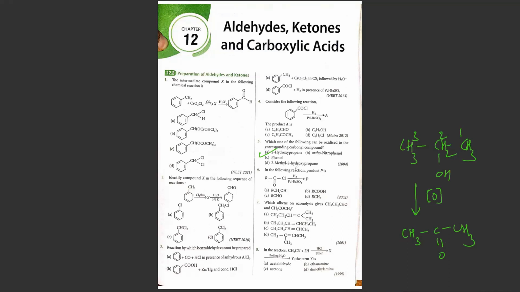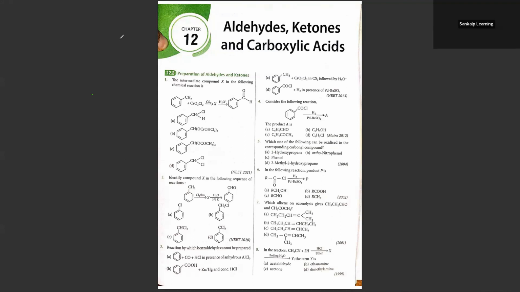Orthonitrophenol, no. Phenol, no. 2-methyl 2-hydroxypropane, no. Here it is converted into a ketone. Correspondingly, primary alcohols on oxidation will give aldehyde, and secondary alcohols on oxidation will form ketones. Tertiary alcohols do not react. So this is the reaction.